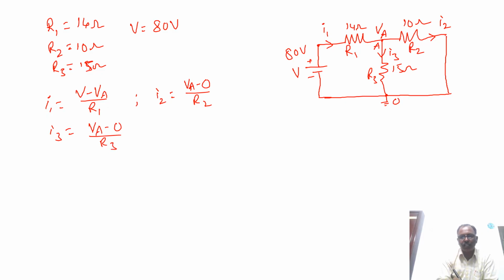So I3 is flowing between this node and this node, so VA minus 0 by R3.